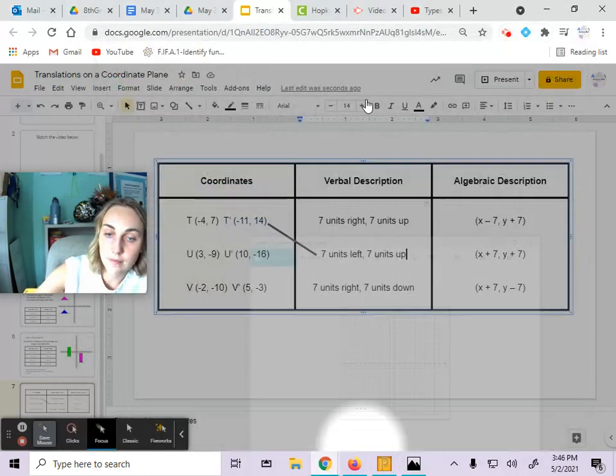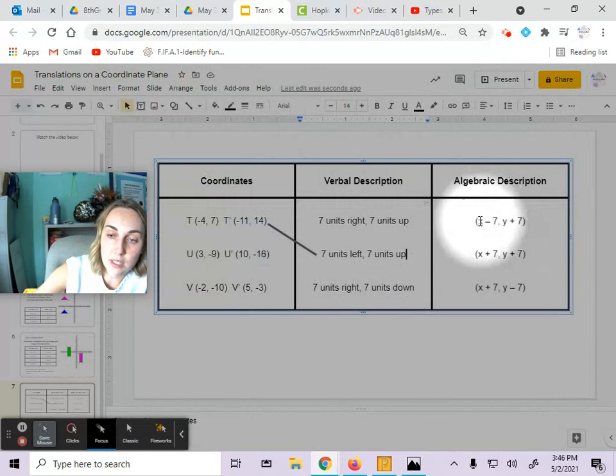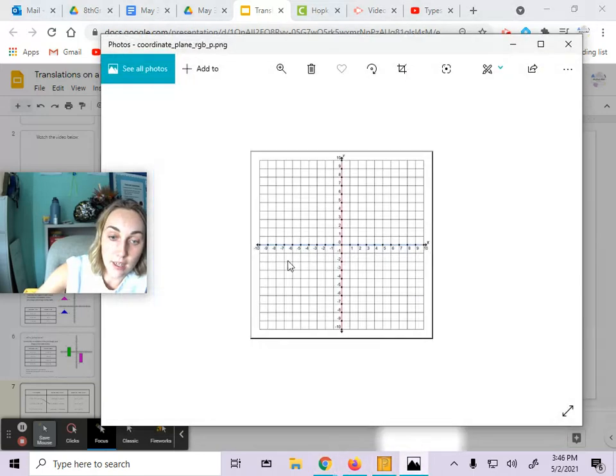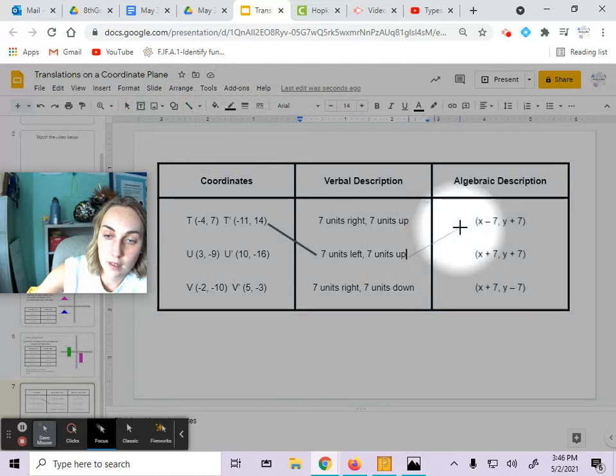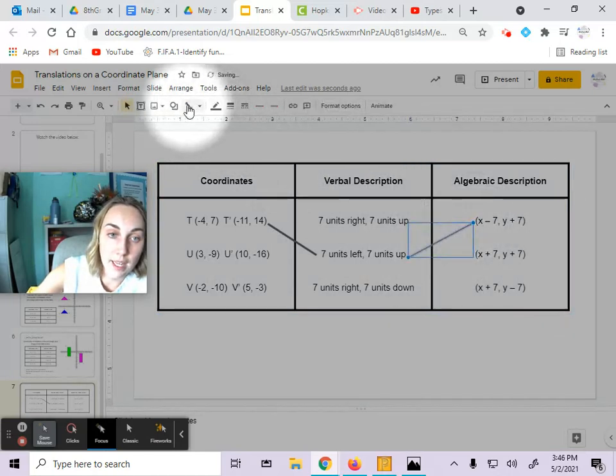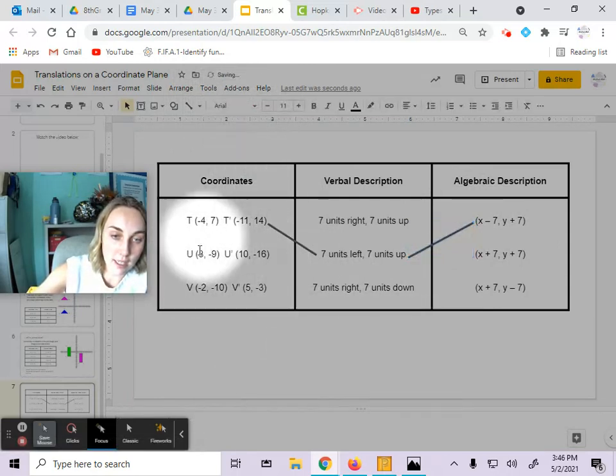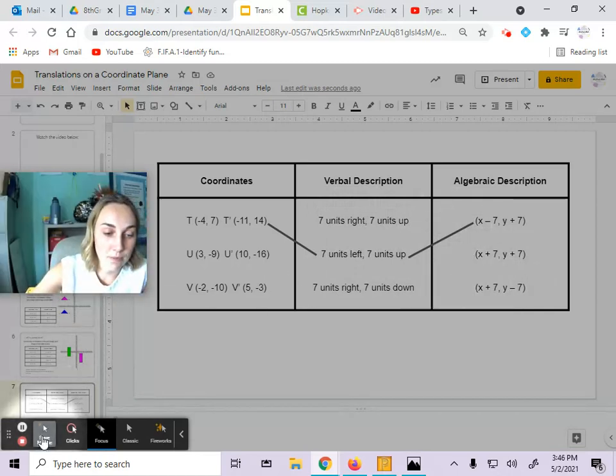And then we move 7 units up, and if you move up on the y-axis, your numbers get bigger, so you are adding more. So you just have to fill out the rest of these and match up the correct coordinates to the correct verbal description and the correct algebraic description.